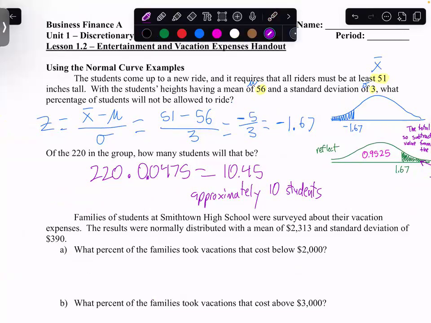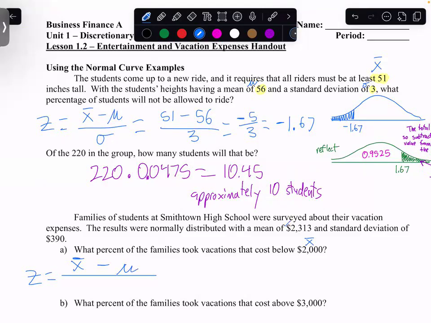Okay, so we want to find the z-score, right? The cost we care about is 2,000, so that's our x bar, minus mu, the mean.